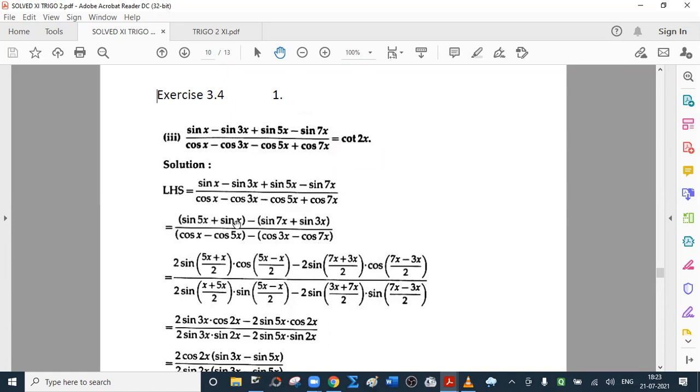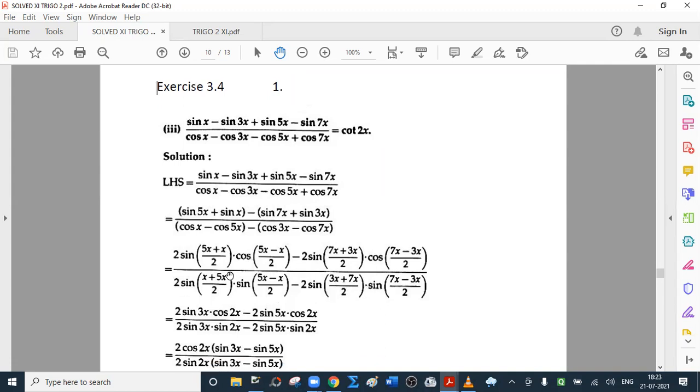Now, what is sin a plus sin b? 2 sin of a plus b by 2 into cos of a minus b by 2. What about denominator? Cos a minus cos b is 2 sine of a plus b by 2 into sine of b minus a. I hope you are getting this. So 5x minus x by 2. Same thing here. Next step.